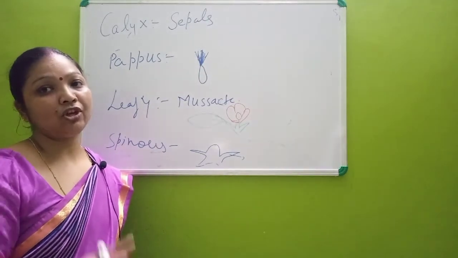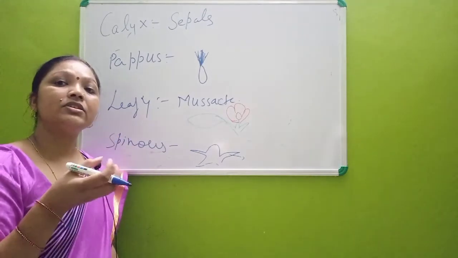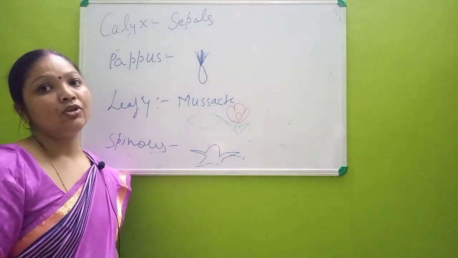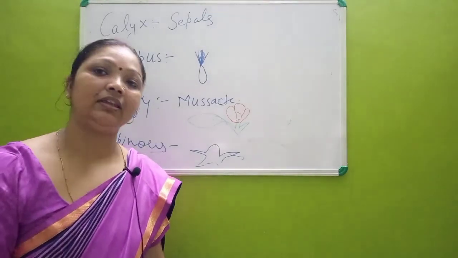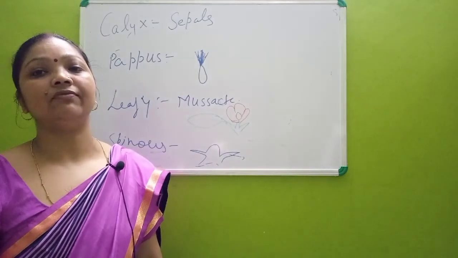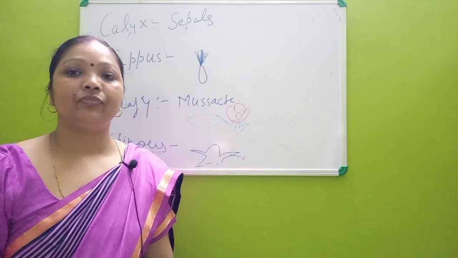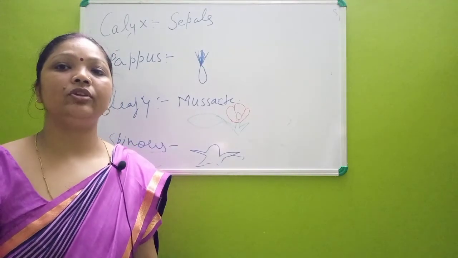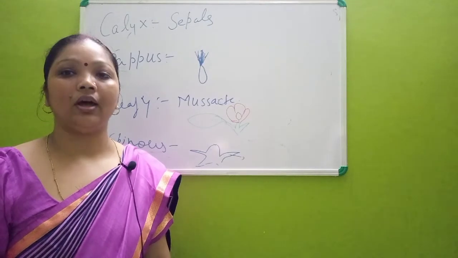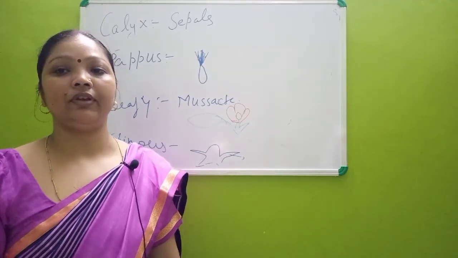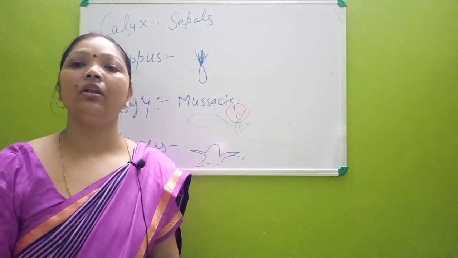The spines present on the covering of Trapa are the modification of sepals. So these are the three modifications: pappus, leafy and spiny. Pappus is found in sunflower and spiny is found in Trapa. Next we are going to deal with the next whorl, that is called corolla, and we'll deal with its modification and how it is represented in the floral formula.